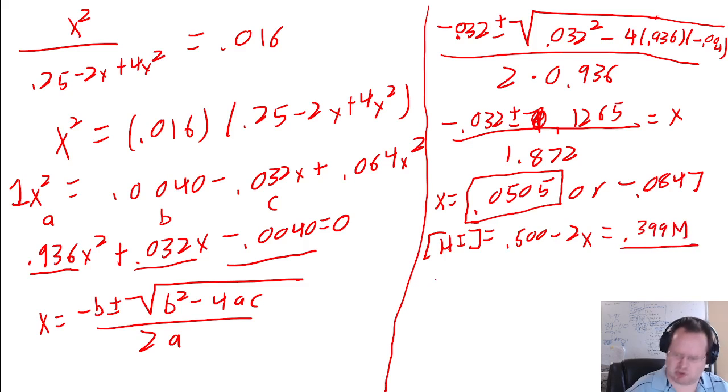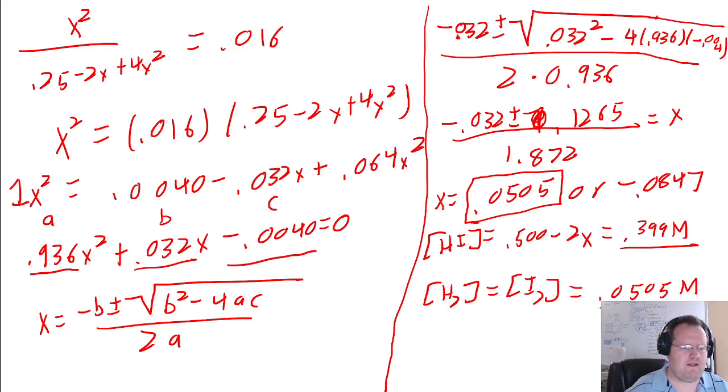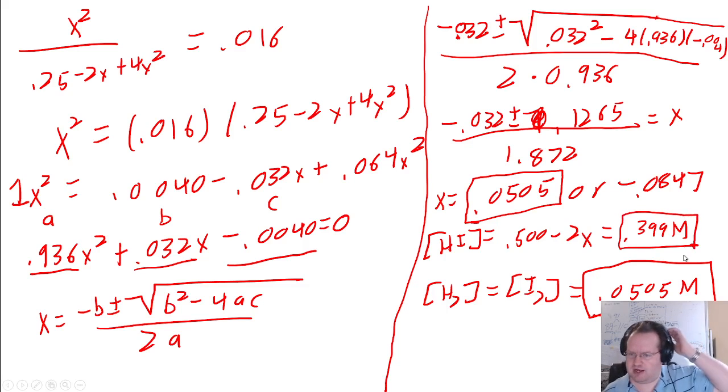That's my HI concentration. Now in this case, H2 and I2 are the same thing because they're both equal to x. And so that's going to be equal to 0.0505 molar. And so that's going to be my H2 and I2 concentrations. So those are our final answer. We have our concentrations for HI is 0.399 and H2 and I2 is 0.0505.